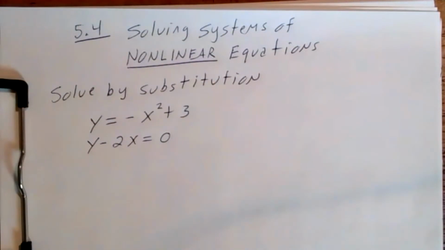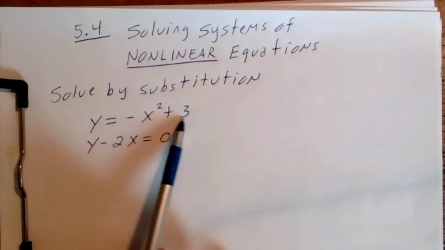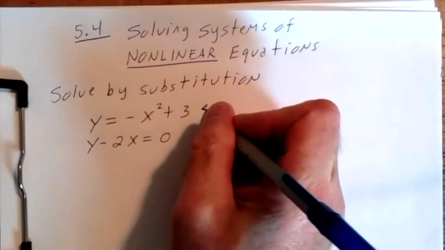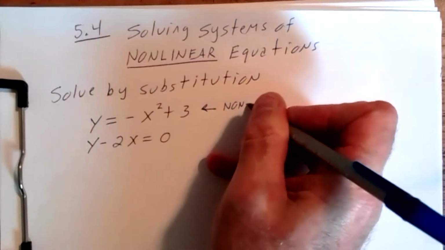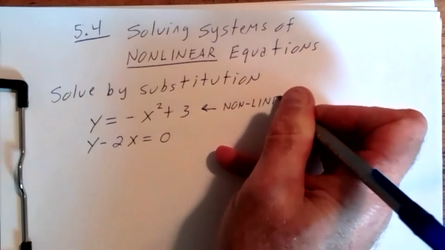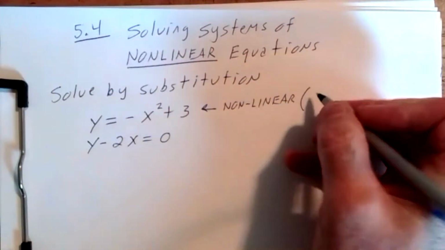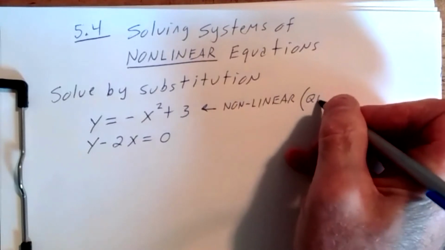So what we have here is a system of nonlinear equations in the sense that at least one of our equations is nonlinear. This equation here, ladies and gentlemen, is a nonlinear equation because x is raised to the second power. In fact, this happens to be what type of equation?